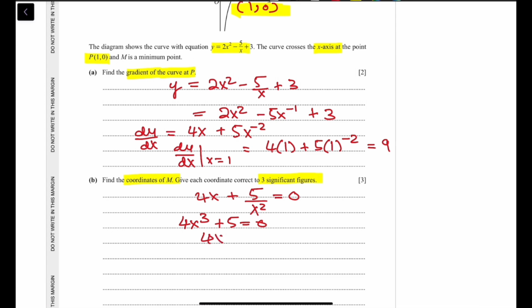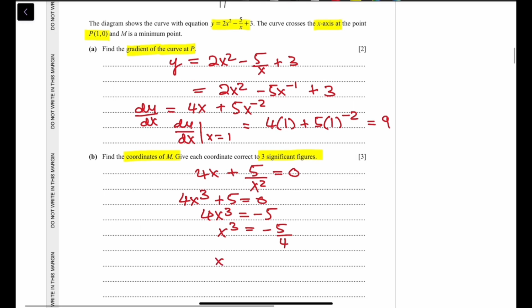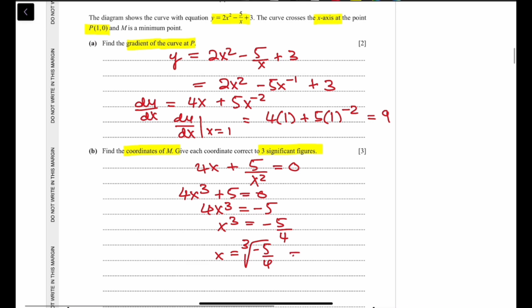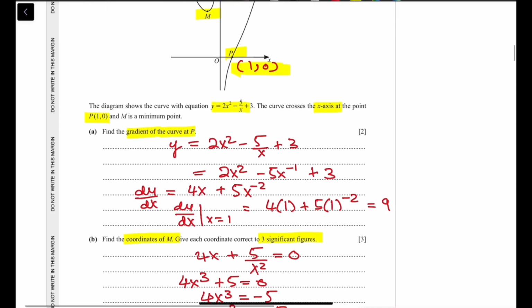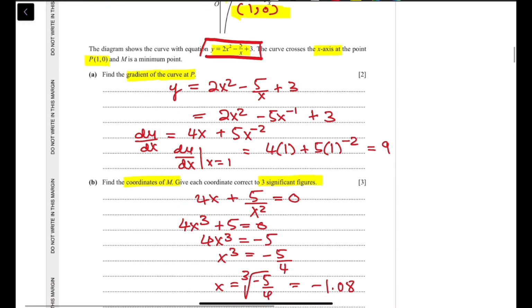So 4x cubed equals negative 5, x cubed equals negative 5 over 4, x equals the cube root of negative 5 over 4. And if we type that into our calculator, we will get negative 1.08 to 3 significant figures. And to find the y coordinates, we have to substitute that into the original equation.